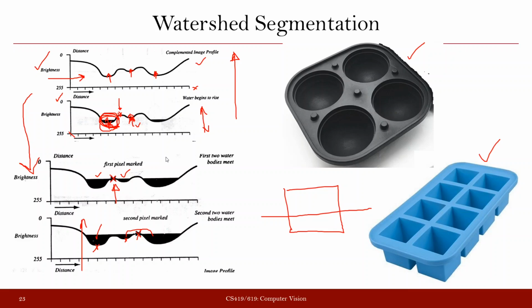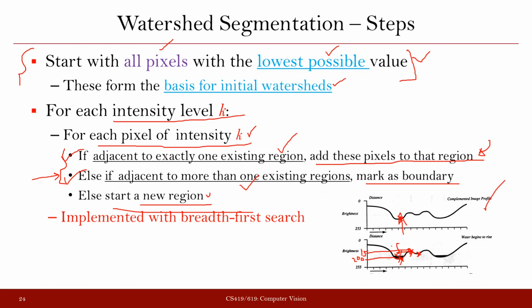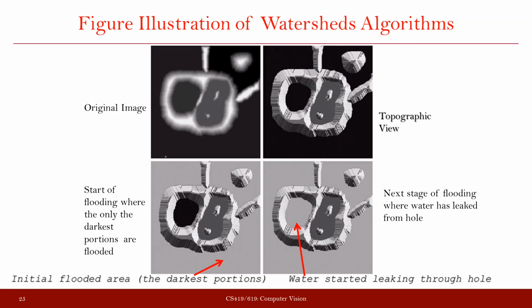Okay, so let's see this example here. This was the original image which we want to segment, and this is the original image in terms of 2D, and this is in terms of 3D. This is a topographic view of the same image. The image is given in this format, but just for visualization we are thinking that it is like this. Now here you see that the water level is rising.